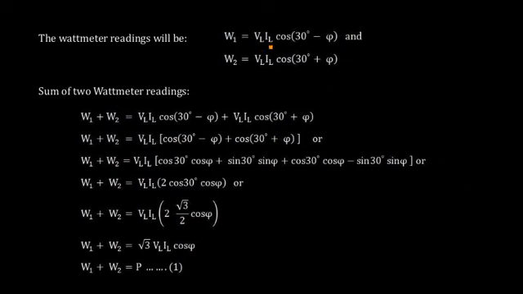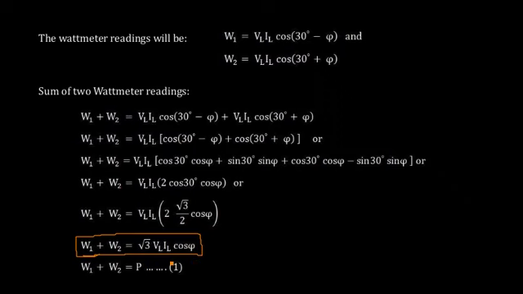So we are replacing VRB with VL, VYB with VL, and IR and IY with IL. Now when you simplify it, you will be getting the equation as this one: W1 plus W2 equal to root 3 VLIL cos phi.